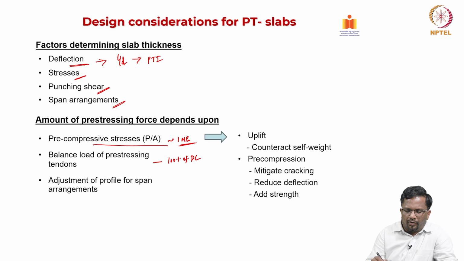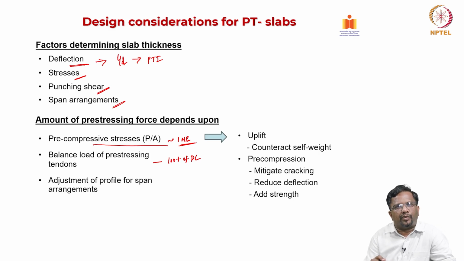We also need to adjust the profile according to the span arrangements. What is the meaning of span arrangements? Depending upon the ratios of the lengths of adjacent spans, we have to slightly adjust the profile, so that you are not going to have very high bending moments only at a few locations.